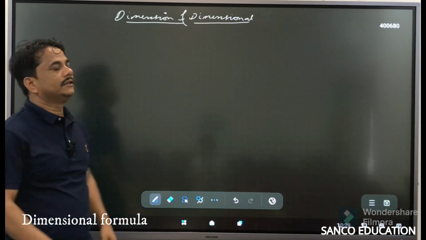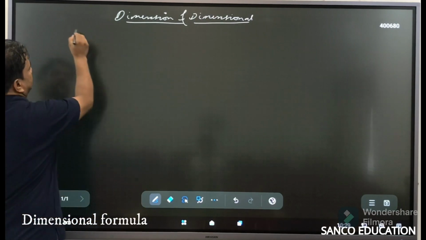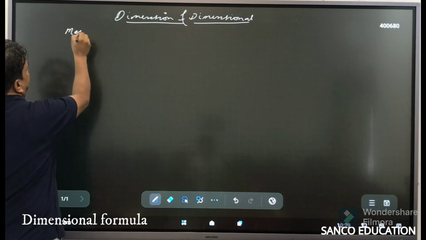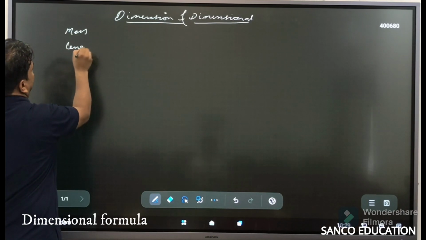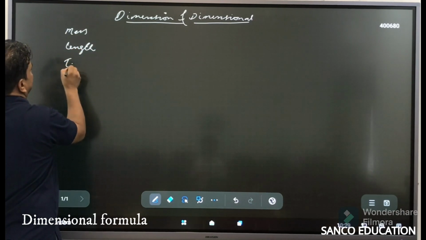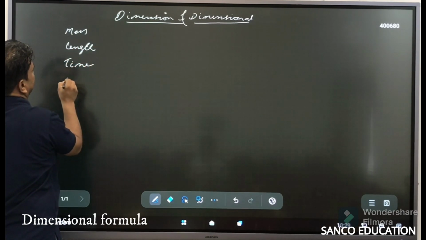Dimension is what? You would have seen in the previous class that mass is a fundamental quantity, length is a fundamental quantity, time is fundamental, right?